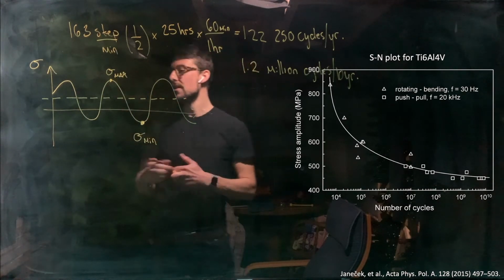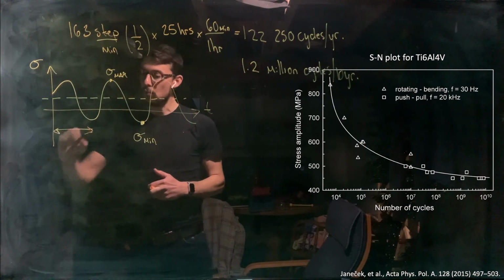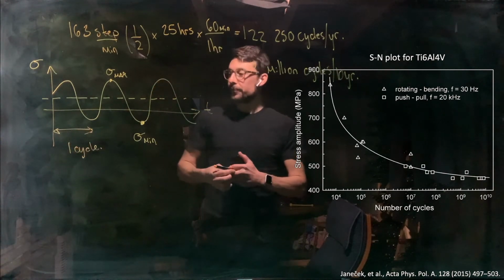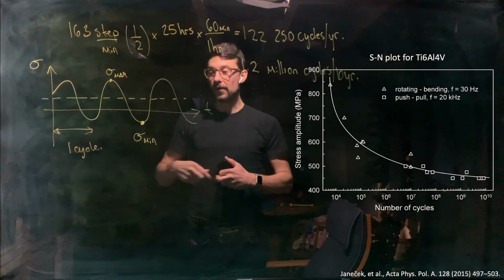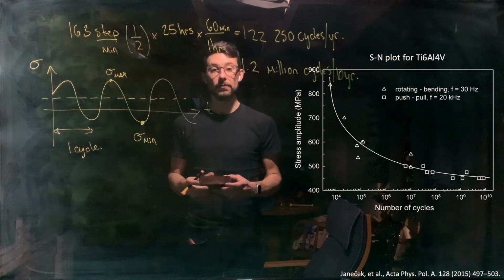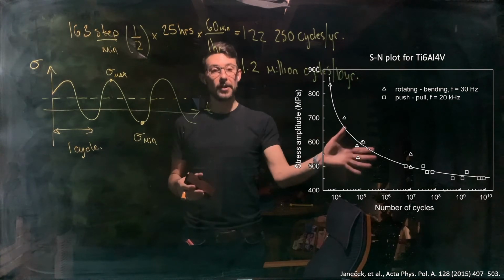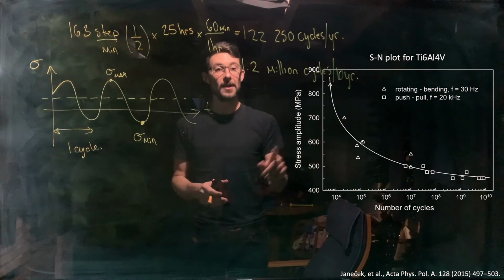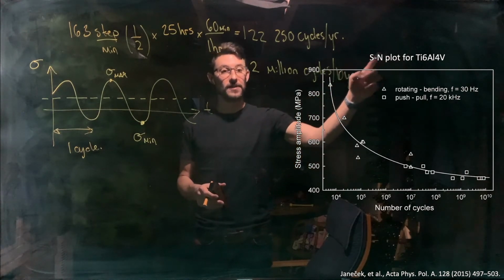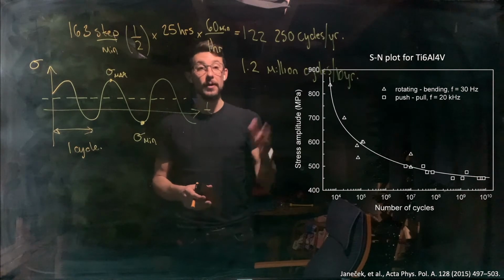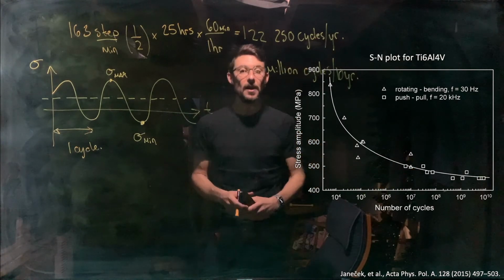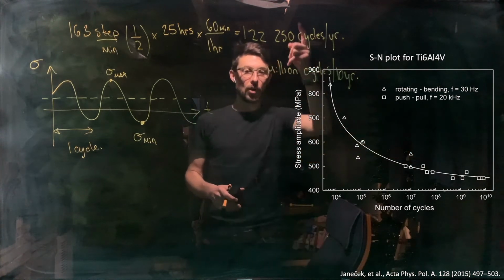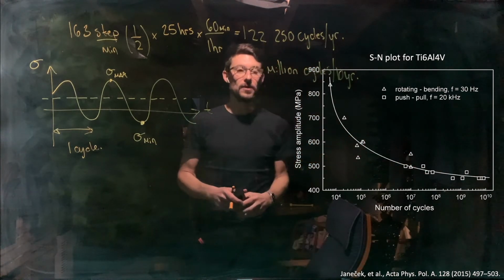Here's one cycle. You put a material through a different number of loading cycles, and progressively during loading you stop and break a piece of the material, find out its strength after a certain number of loading cycles, and plot that, and you get what are known as S-N curves, strength versus number of cycles.